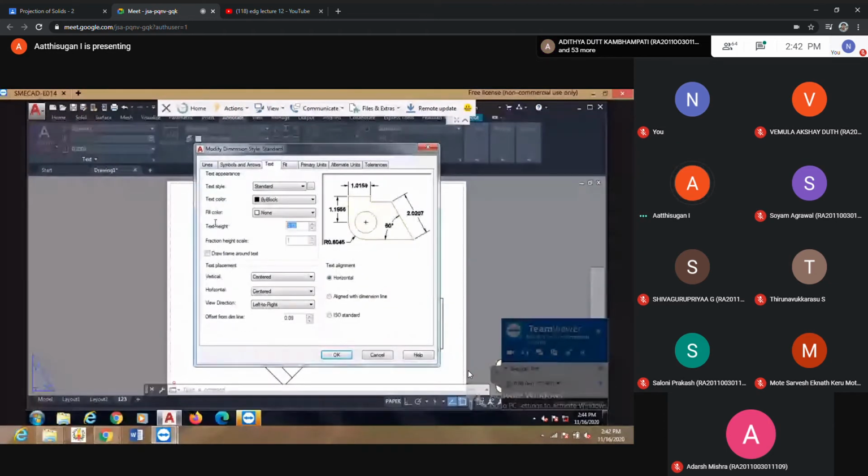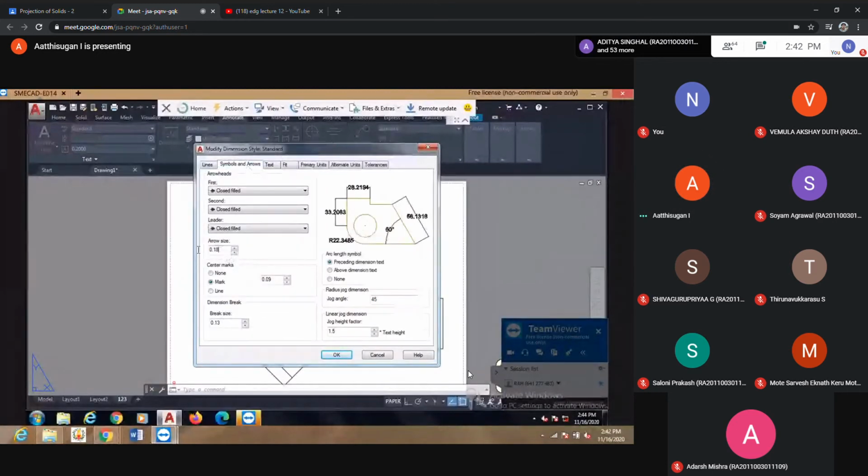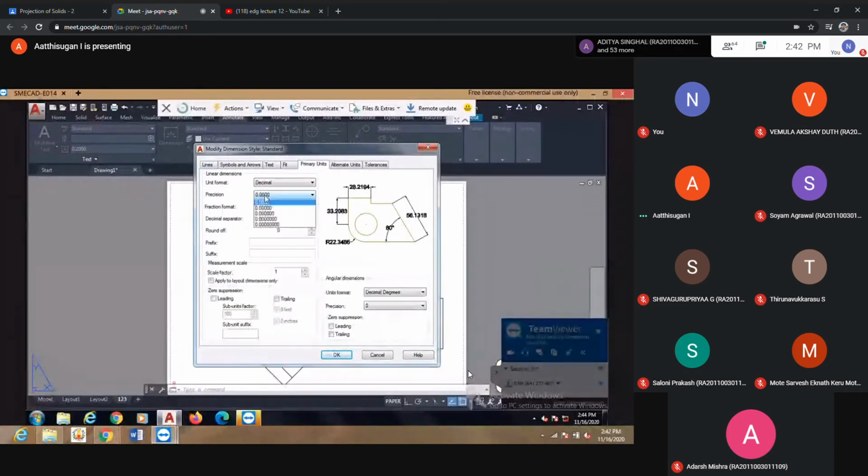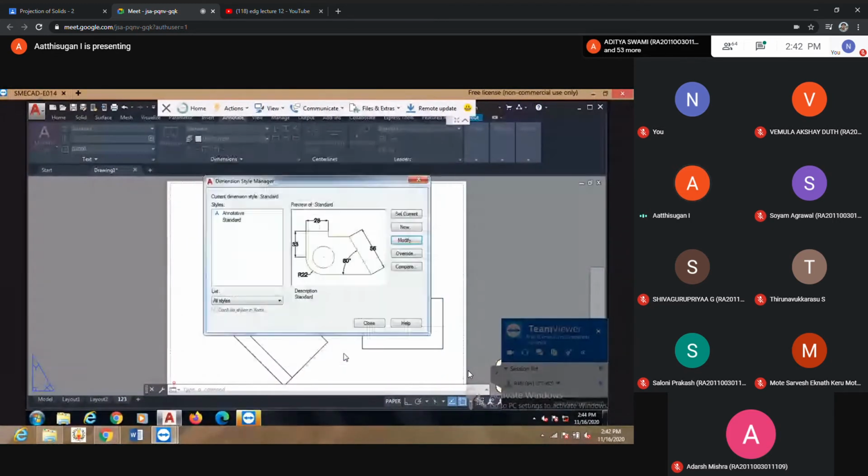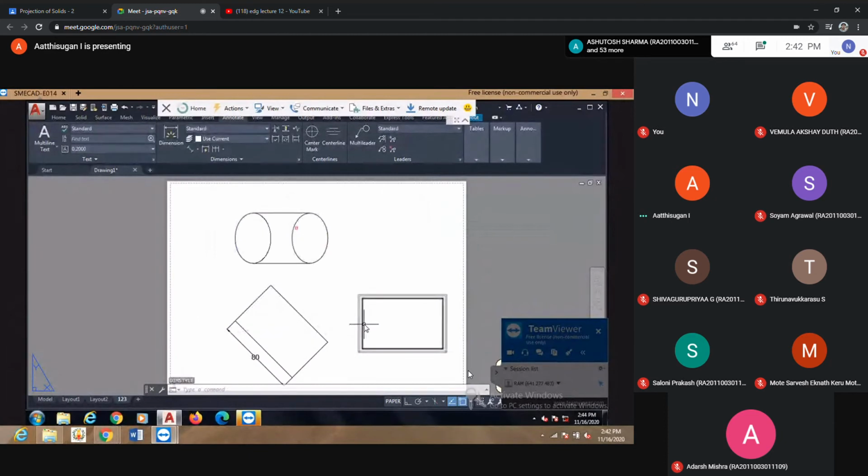If convenient, can change in the units. Just click OK. Then set current. Now 80. It will confuse with the diameter. I'll check it.